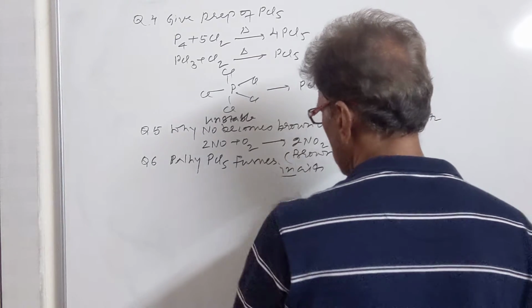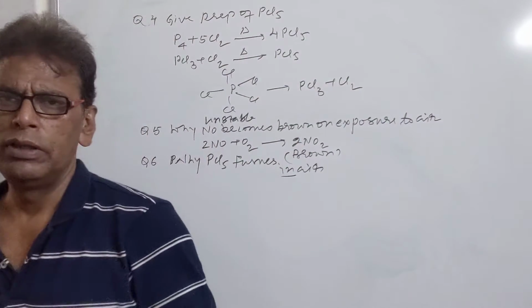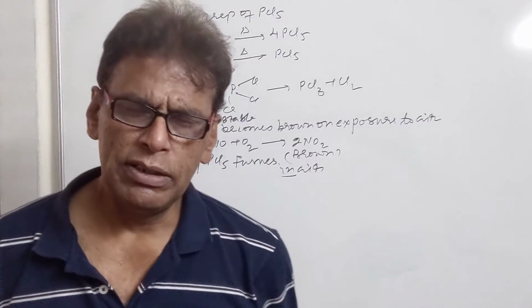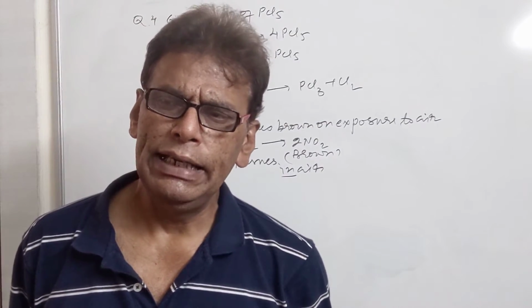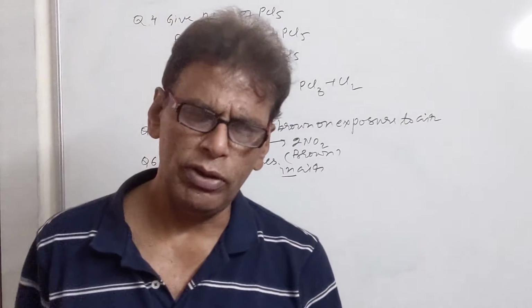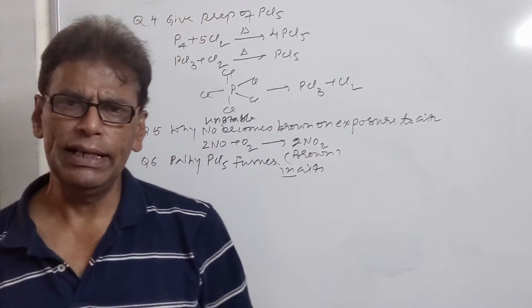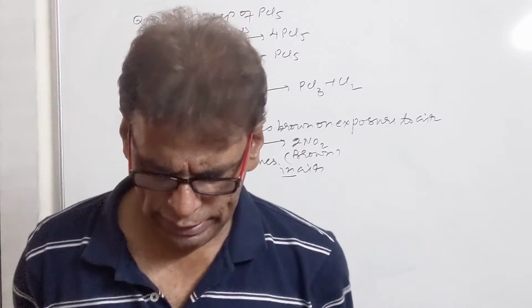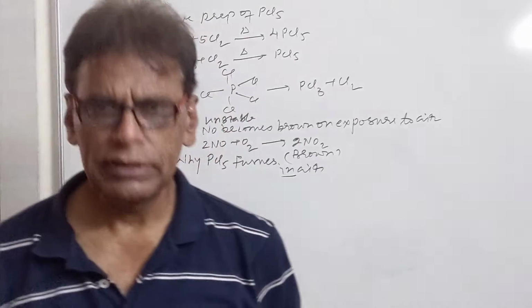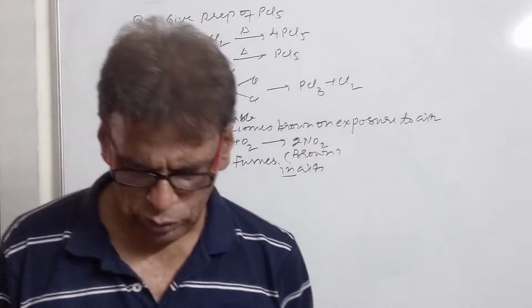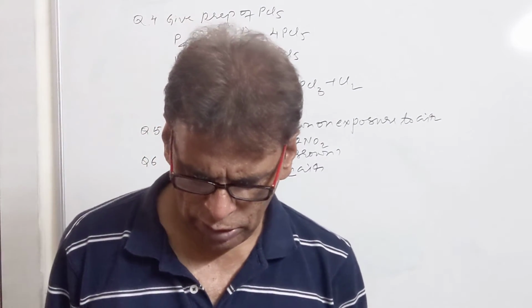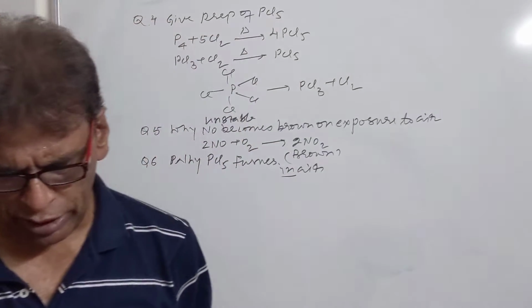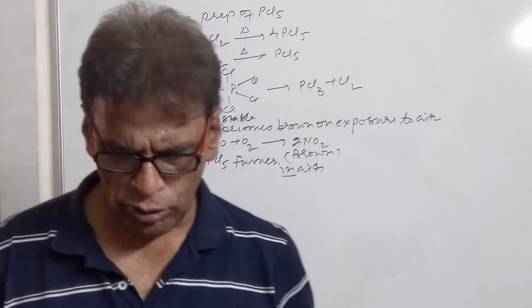It produces just like steam as in winter season. What we see, the vapors coming out of our mouth, they get frozen and a type of smoke appears coming out of the mouth. So we are doing the same. Why does PCl5 fume in air?